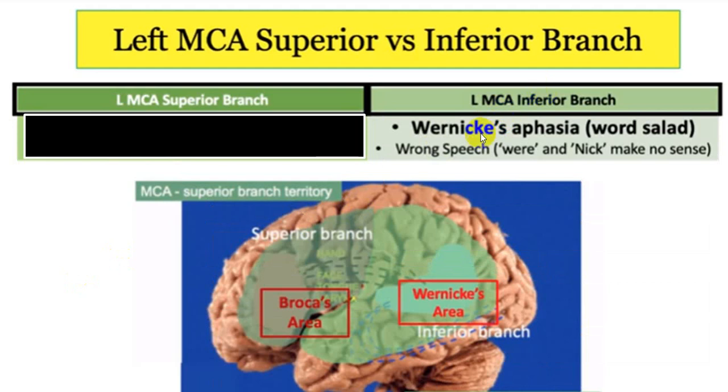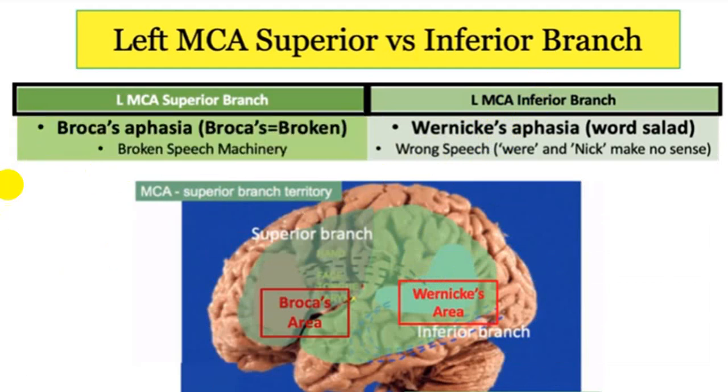Sorry, it should be superior. This will be the superior branch, and the person will have a Wernicke's aphasia.